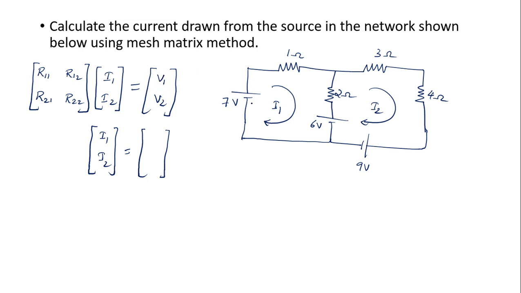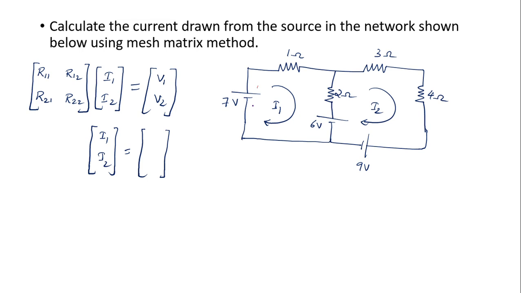V1 corresponds to the algebraic sum of voltage sources present in mesh 1. You can see there are two voltage sources present in mesh 1. So how can you write the value of V1?